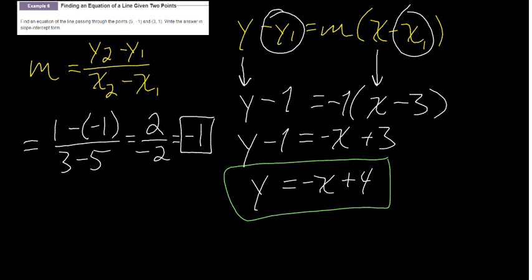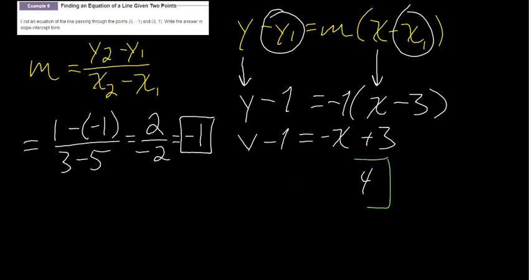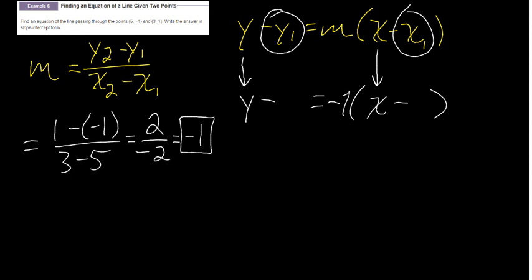So let's erase this, and this and this. All right, now we're going to use the front point here. The y value is a negative 1, so it's going to be y minus a negative 1. My x value is 5, so x minus 5.